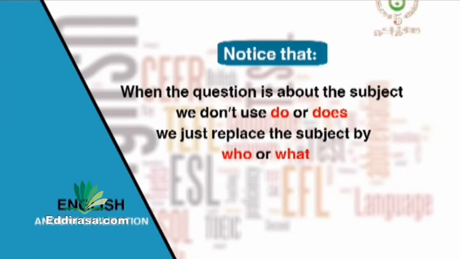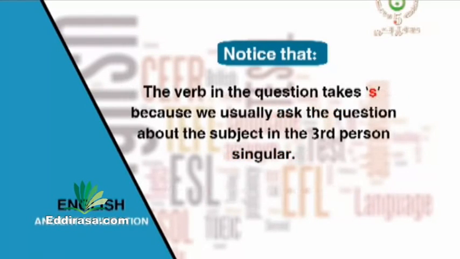We just replace the subject by who when it is a person or what when it is an object. So the question is, what tells us about our ancestors? You notice that the verb in the question takes S because we usually ask the question about the subject in the third person singular.